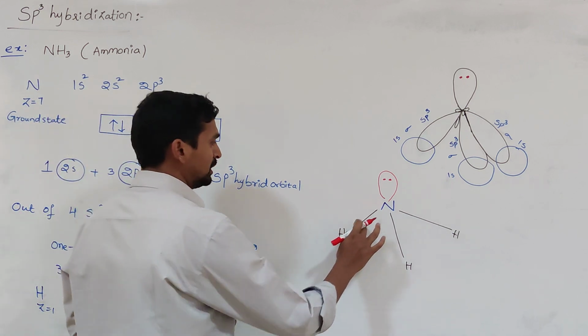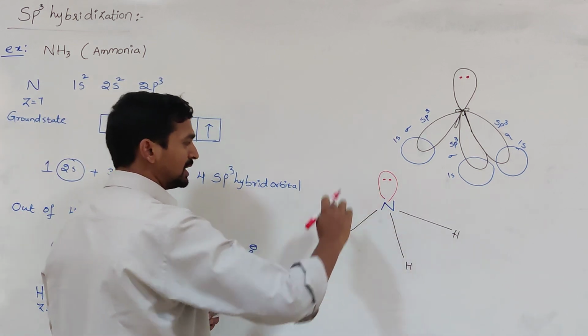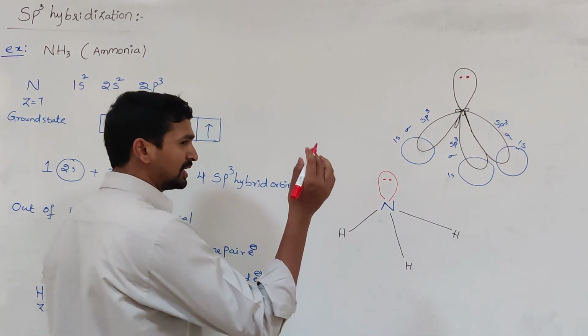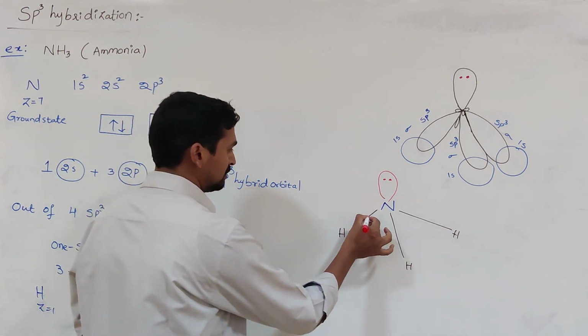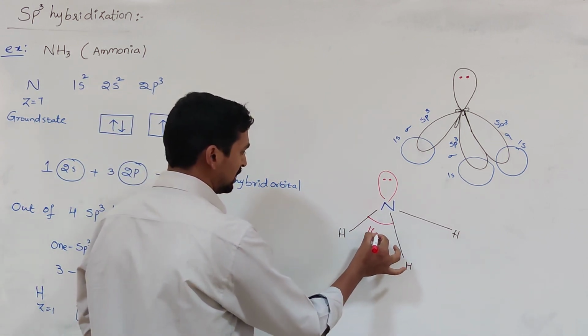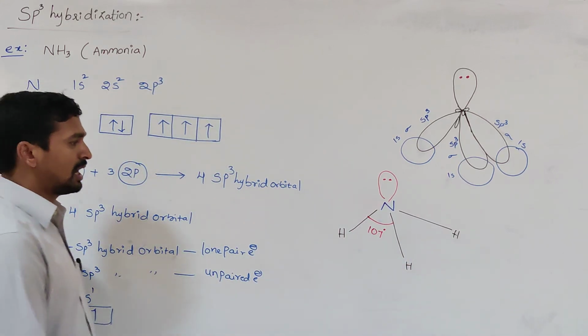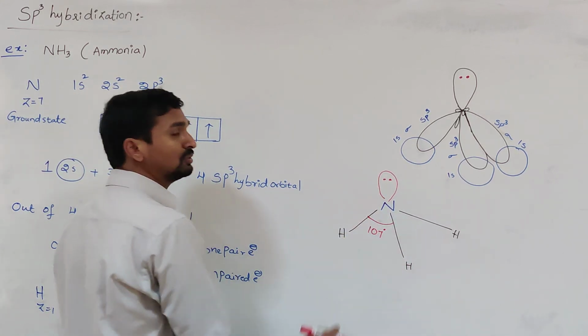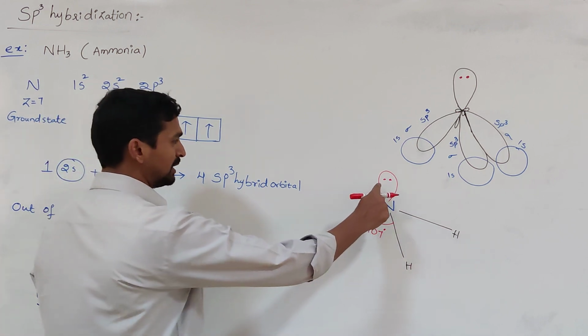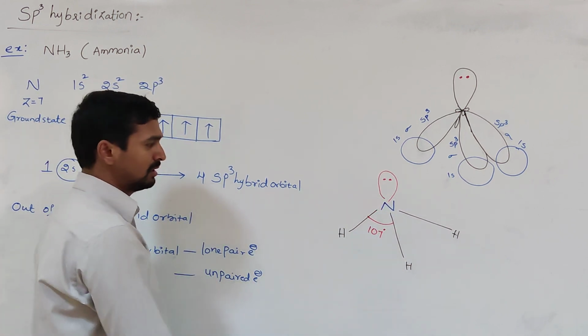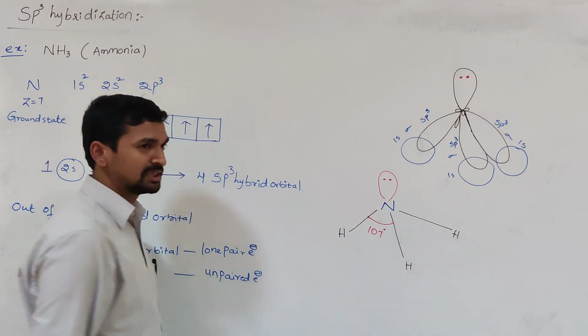These 4 are arranged in a tetrahedral geometry, so what bond angle is expected? 109.5. But what is the bond angle here? 107 degrees. The reason, as you know very well, is that in the ammonia molecule 2 types of repulsions exist. One is lone pair-bond pair, and the other is bond pair-bond pair repulsion.